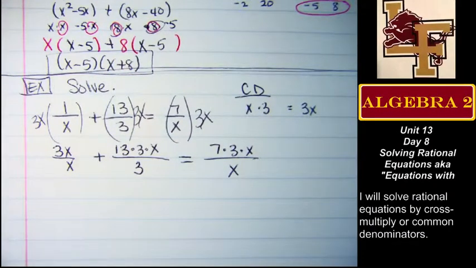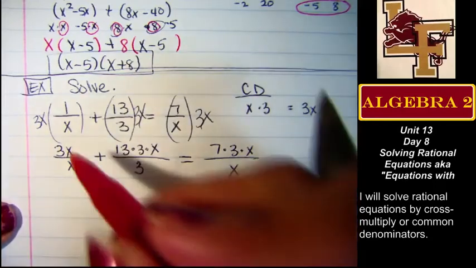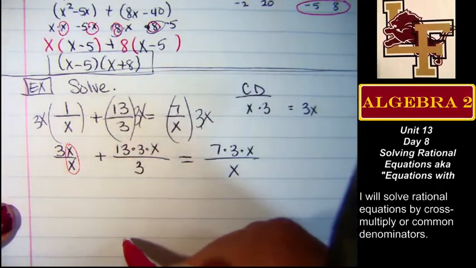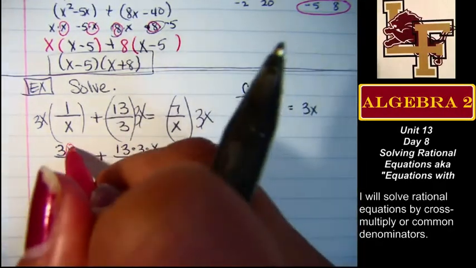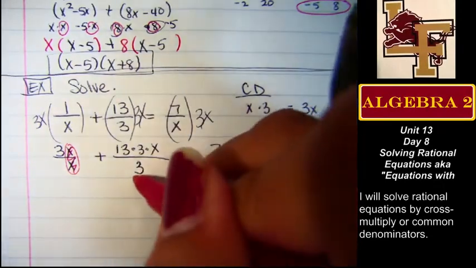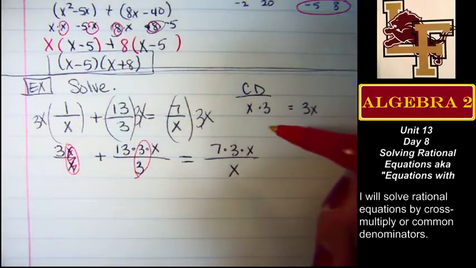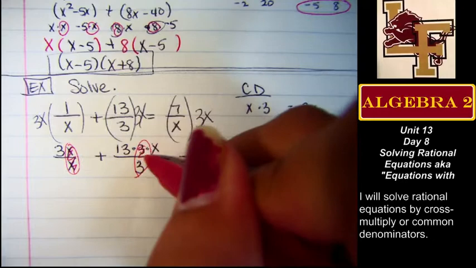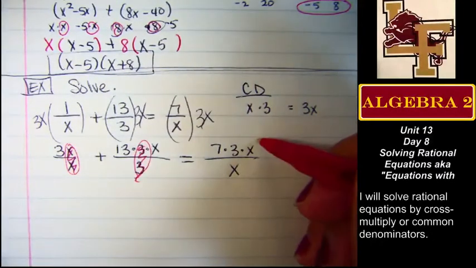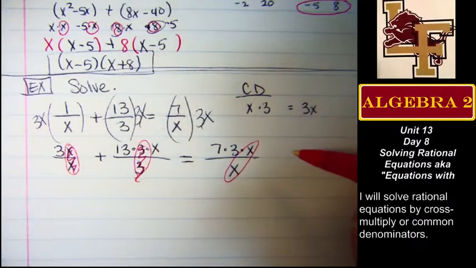From here, I'm going to start eliminating things in numerators and denominators that are the same. In this fraction, there's an x in both numerator and denominator. That can go away. In this one, I have 3 in both numerator and denominator. It can go away. In this one, I have x in both numerator and denominator. It can go away.